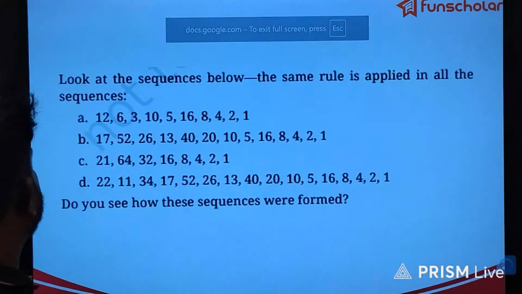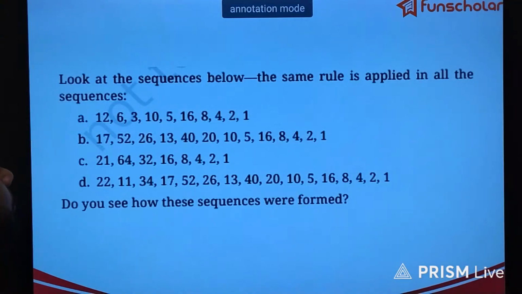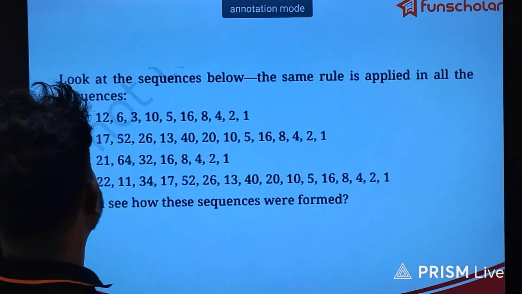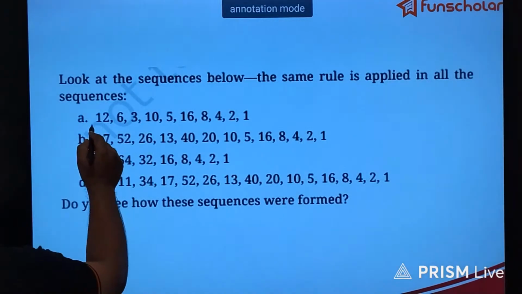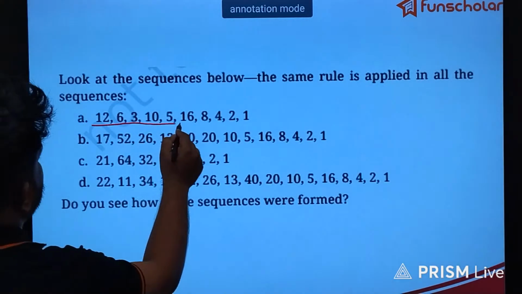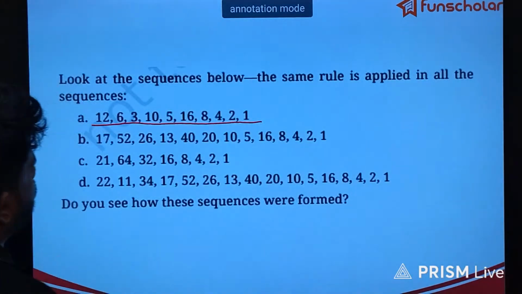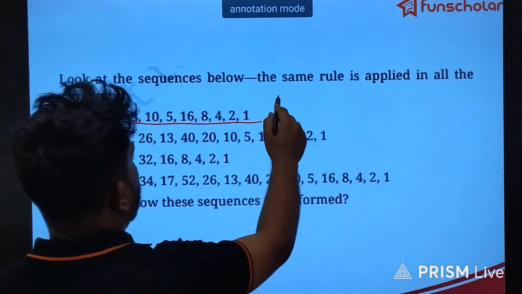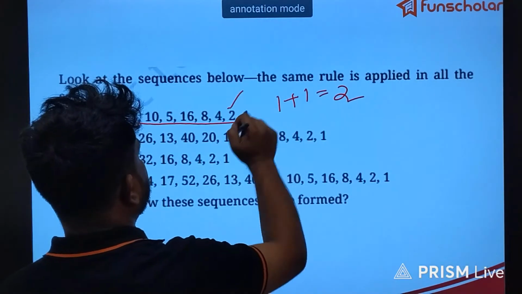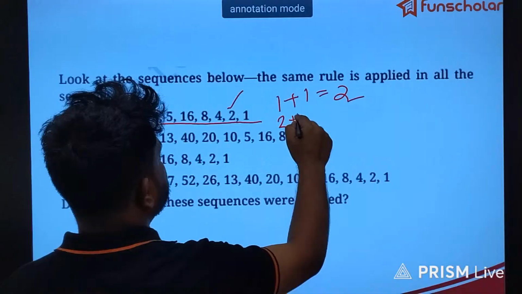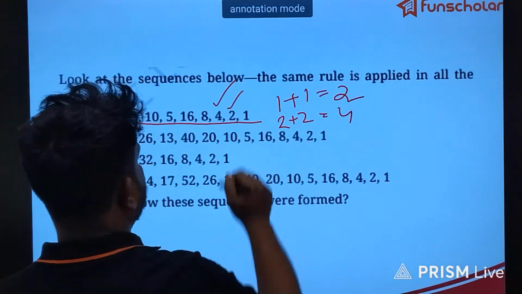Let's start. Look at the sequence below. The same rule is applied in all the sequences. Okay, so 12, 6, 3, 10, 5, 16, 8, 4, 2, 1. If we add 1 plus 1, we will get 2, that is the second number. If we add 2 plus 2, we will end up getting 4.